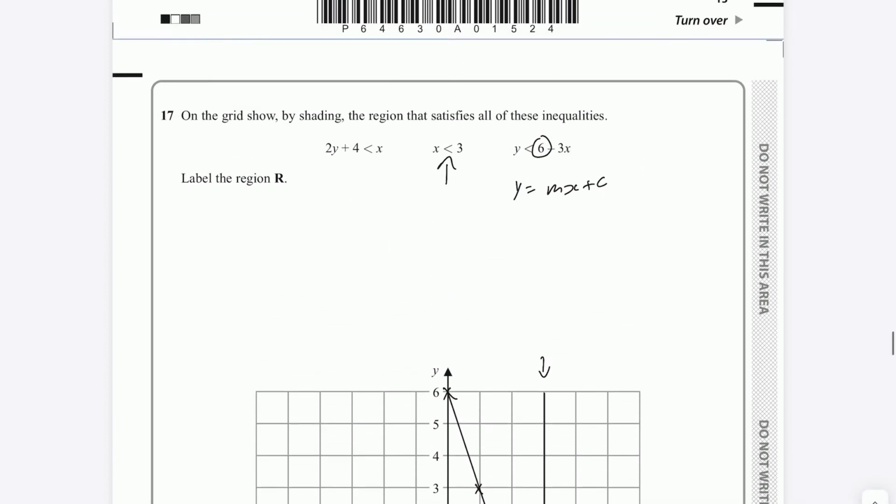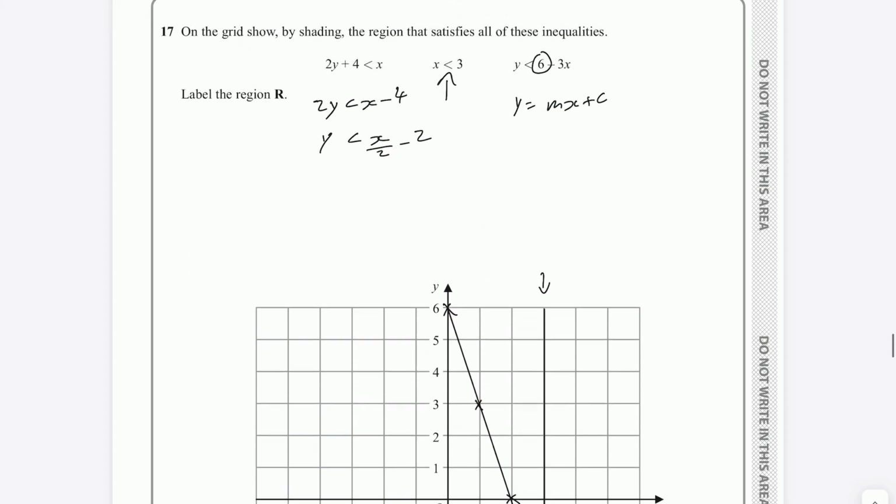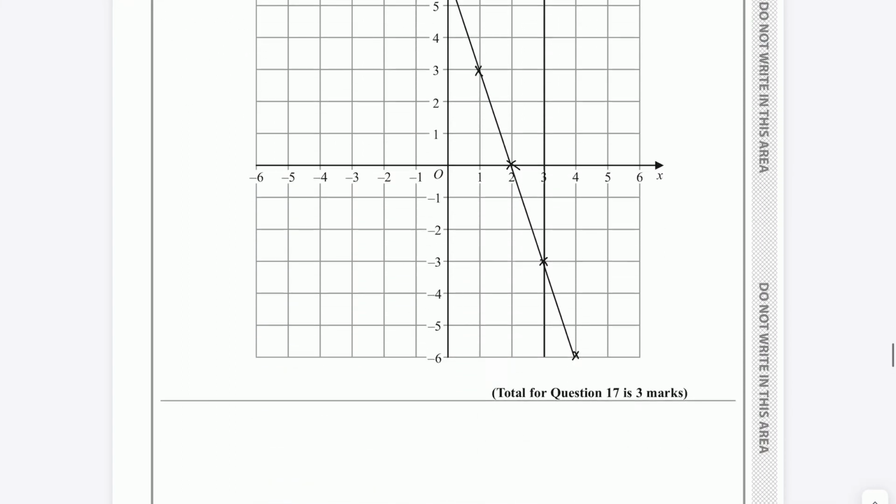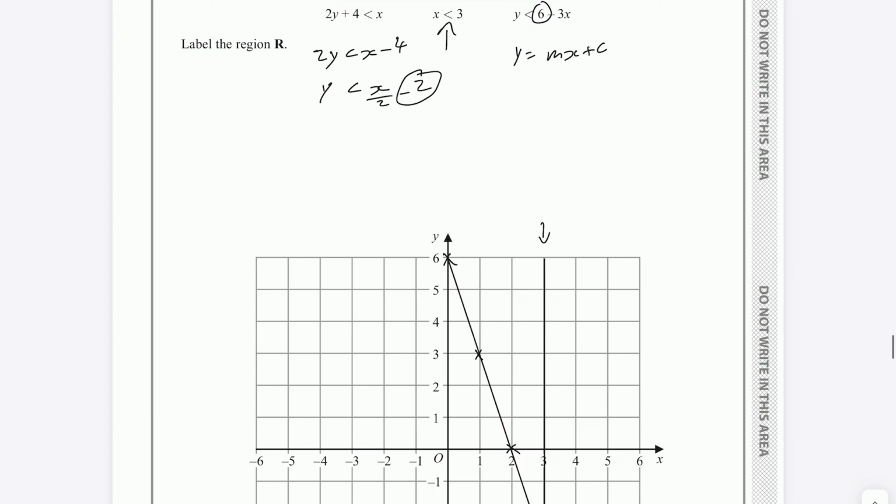And then finally we have this one. Now it's not written in the form y is equal to mx plus c, so in order to do that we'll have to move the 4 over. And now we'll have to divide each side by 2, so it's x over 2 minus 2. Okay, now to plot this line, it has a y-intercept at minus 2, so that's going to be there. And then we're going to use the gradient.